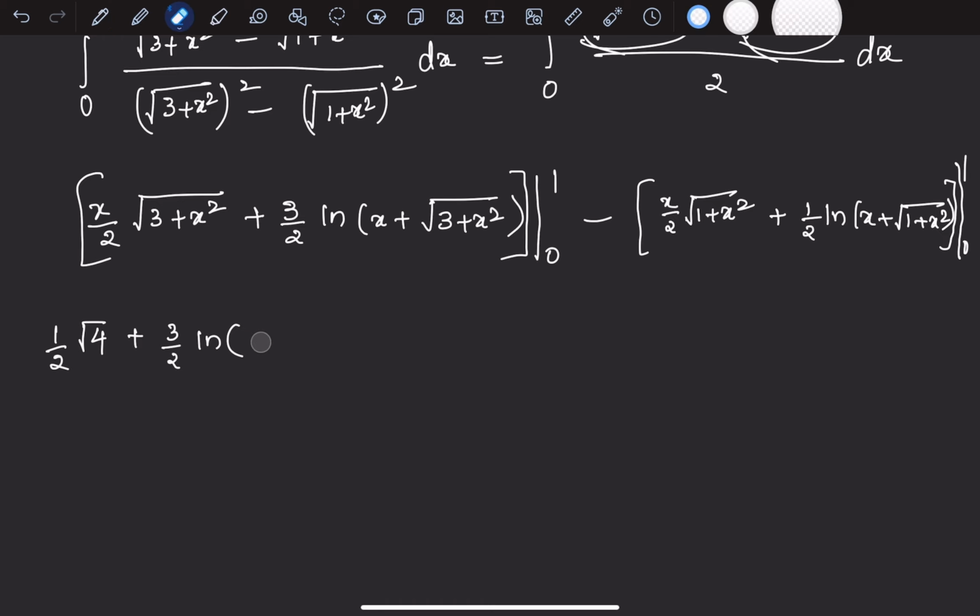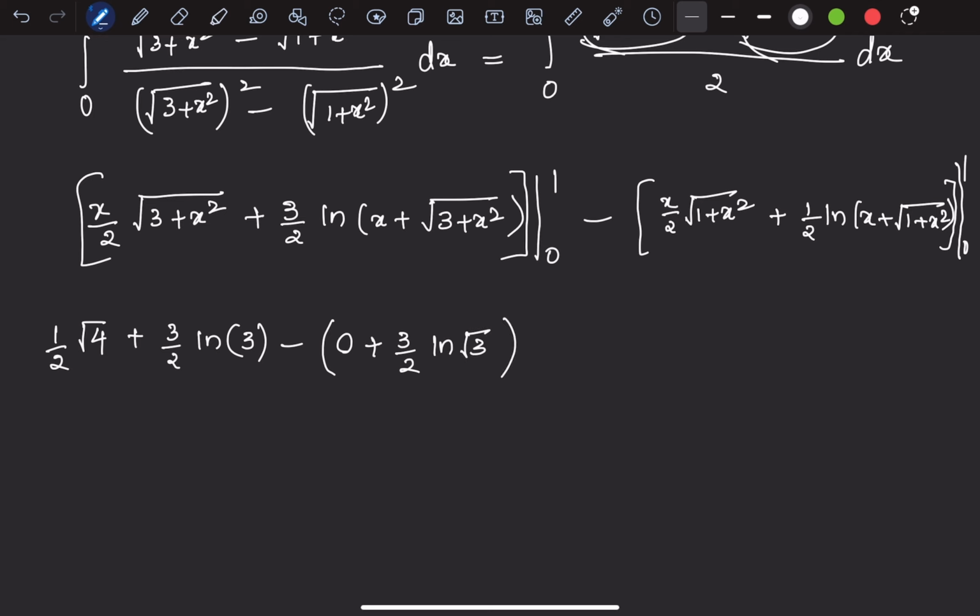So this will be 3 minus, when you put x is equal to 0, the first term will be 0 and the second term will be 3 by 2 ln root 3 minus, when you put x is equal to 1, you will get 1 by 2 root 2 plus 1 by 2 ln 1 plus root 2 minus, when you put x is equal to 0, first term will be 0 and your second term will be half ln 1.